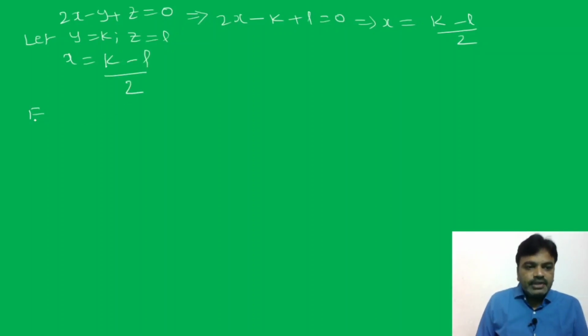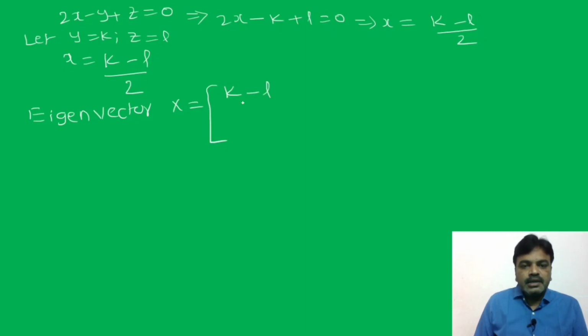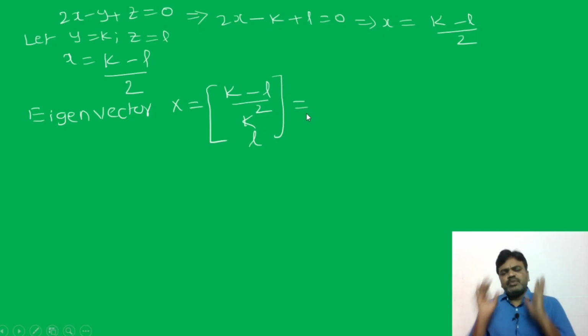So the eigenvector X is equal to (k minus L) by 2, k, L. Here the process is very important, friends.